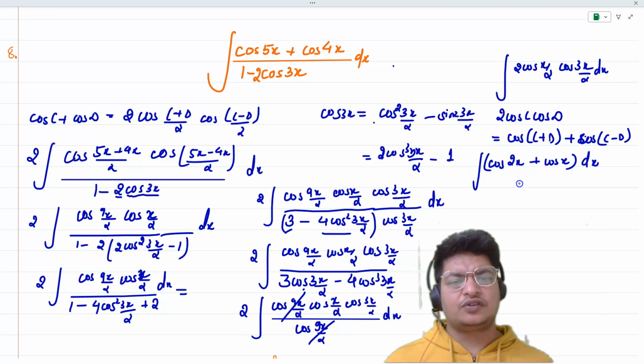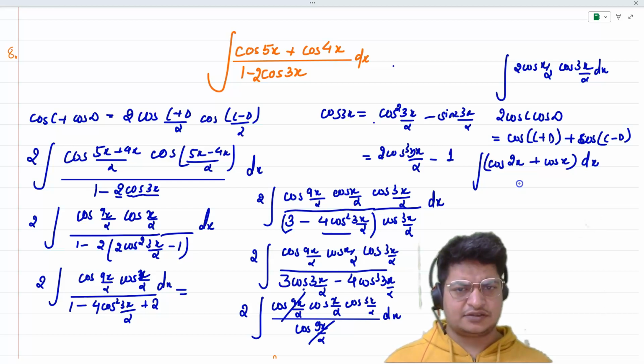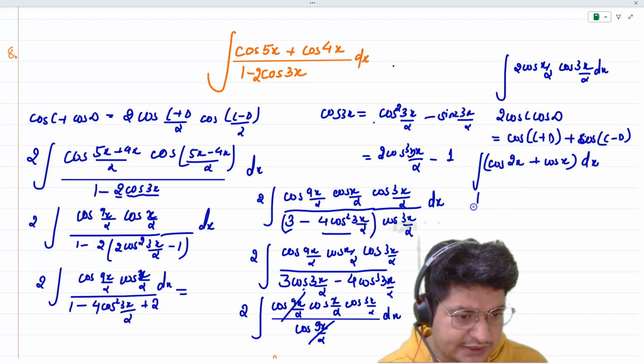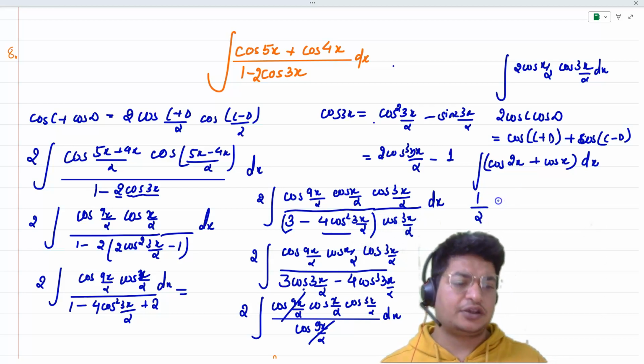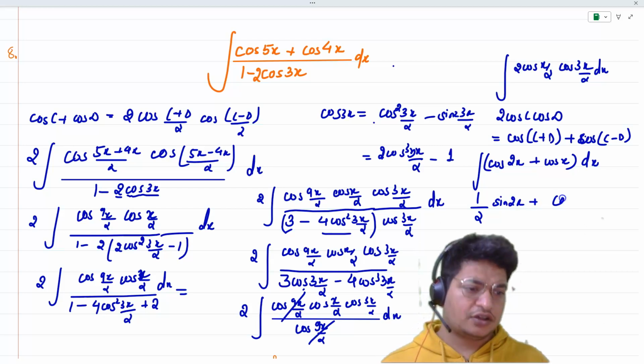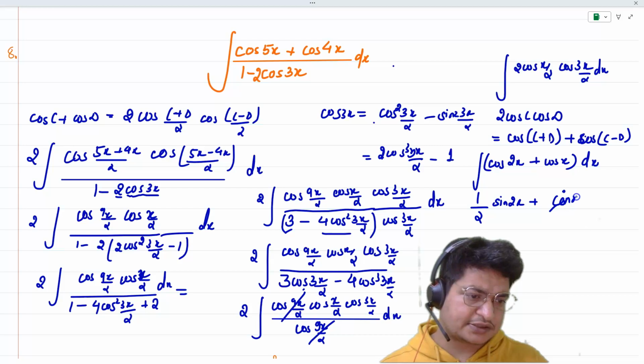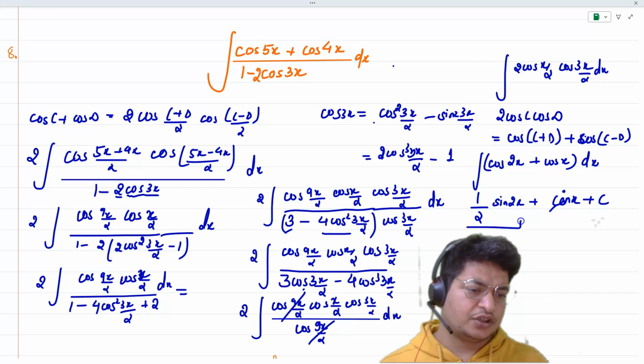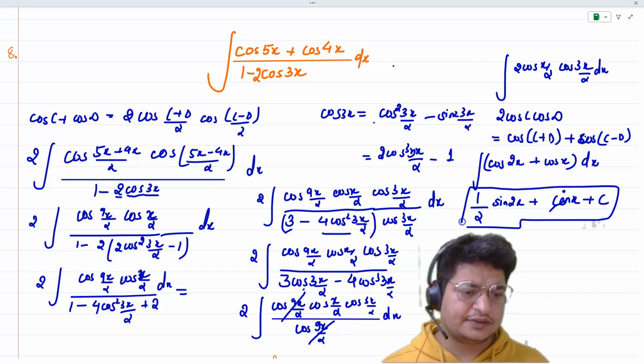Now we already know the integration of cos x is sine of x. What is the integration of cos of 2x? We will write it as 1 by 2 sine of 2x. So the answer is 1 by 2 sine of 2x plus sine of x plus C. This is the final answer that you will get.